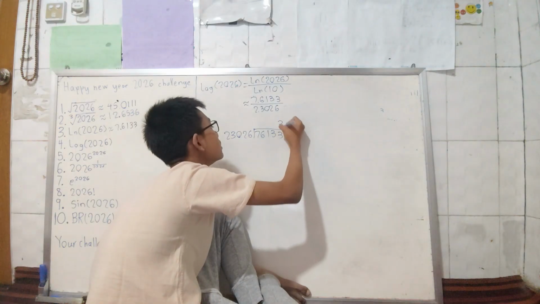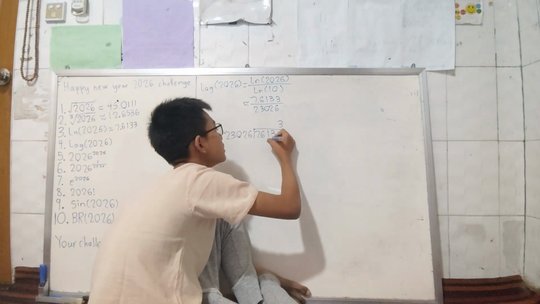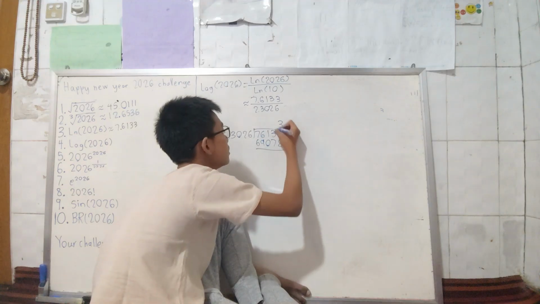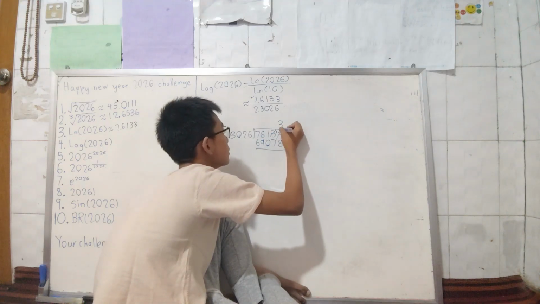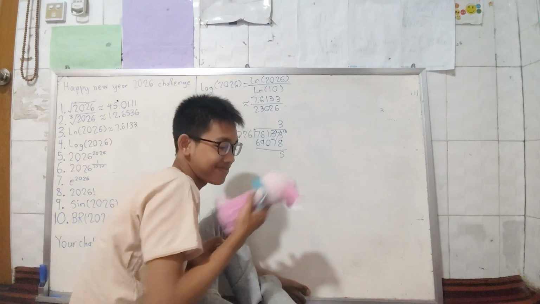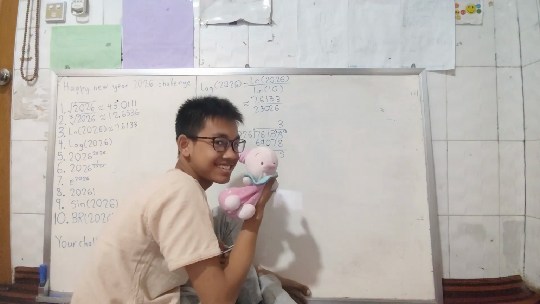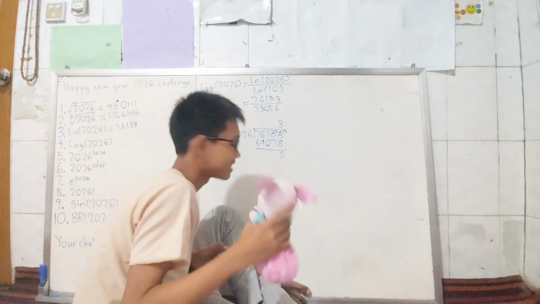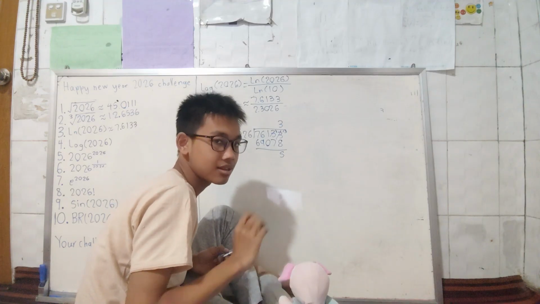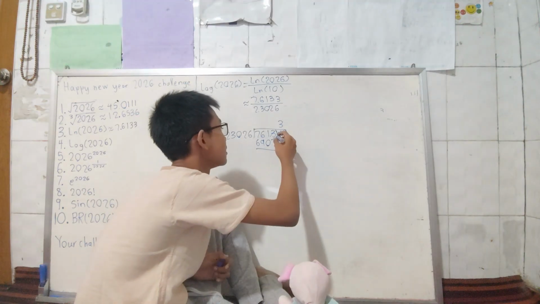2 times 3, 618. That's going to be 769. And then that's going to be 2. That's going to be 13. That's going to be 12.